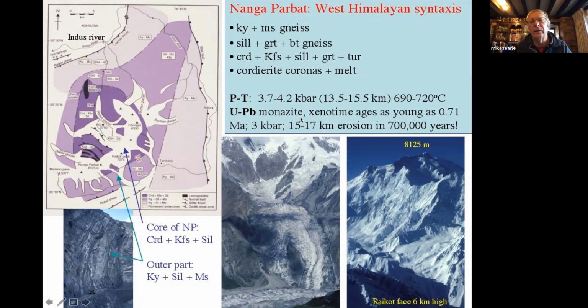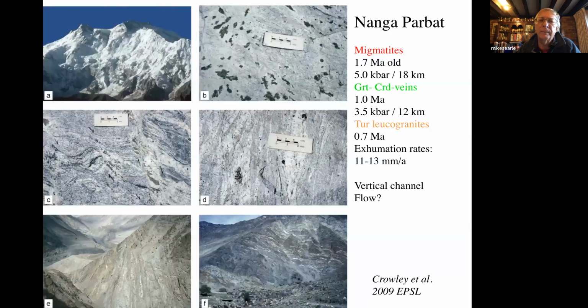These are recording ages of when that rock was at 700, 750 degrees temperature, as young as 0.71 million years ago. That is incredible. Those are Quaternary, Pleistocene high-grade migmatites and metamorphic rocks that now form the highest part of Nanga Parbat up here. So you've had at least 17, 18 kilometers of erosion in the last 700,000 years.